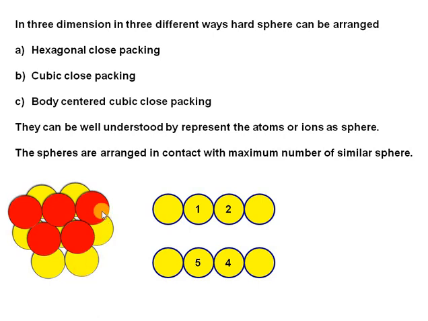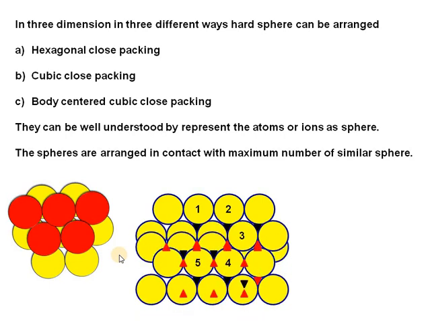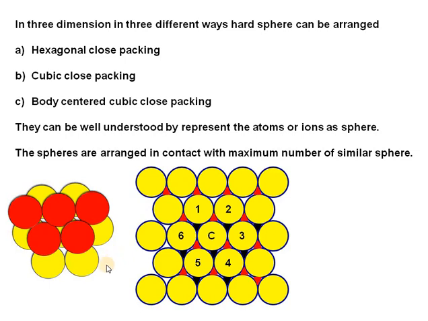This yellow one is one layer, and the other layer, the red colored layer, we can stack over the yellow one. How will you arrange these layers? Like this. And this is the other. So these are the types of arrangements of spheres.